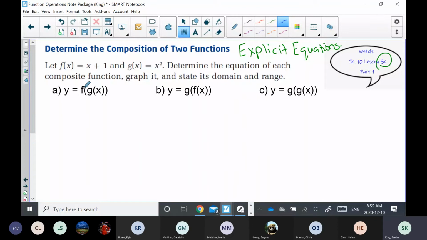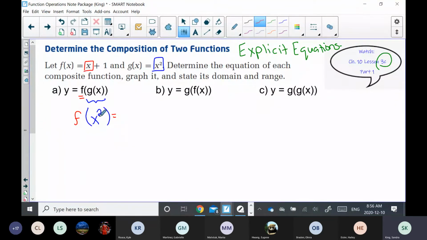Okay, so f of g of x. The first thing that I'm going to do is take my inner function, which is my g of x function, which is this guy right here, x squared. That is going to be input into my outer function, which is f. So now I look at my f function, and I rewrite this, but this x comes out.